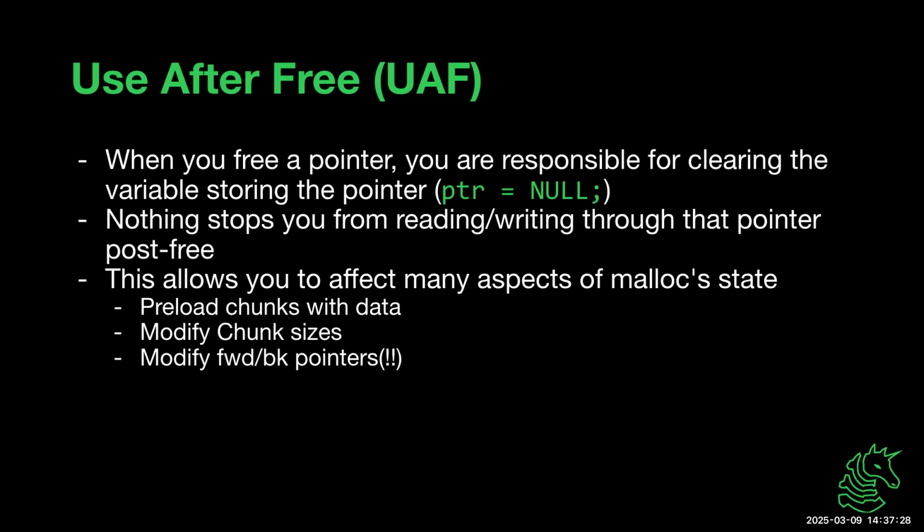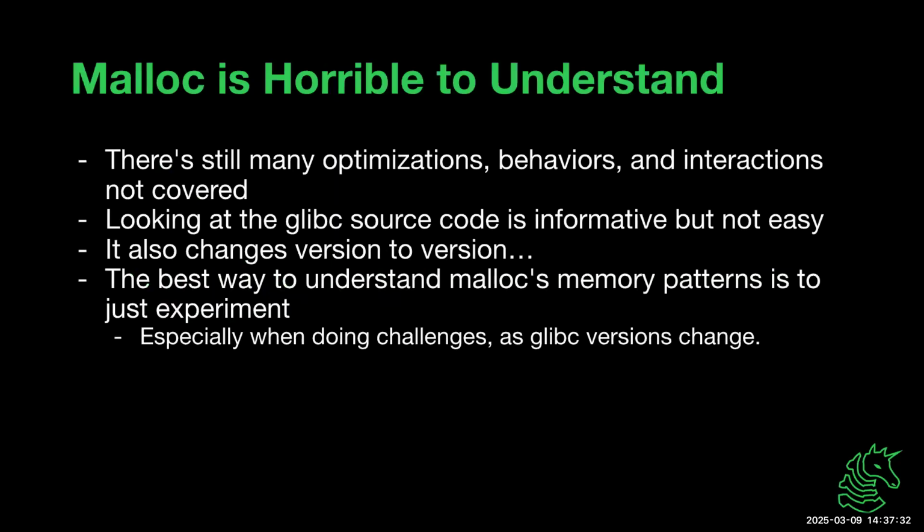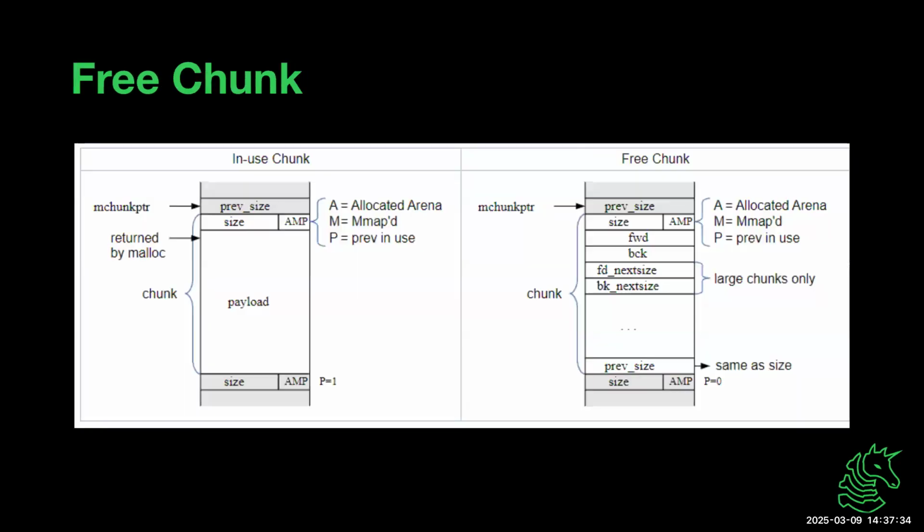Why is this dangerous? Again, if we go back to the chunk diagram, let's say I had an allocated chunk and I freed it. So this is now what it looks like. You will notice that the forward and back pointers, some other metadata, and also previous size, in fact, at the end, are in the user data of this chunk.